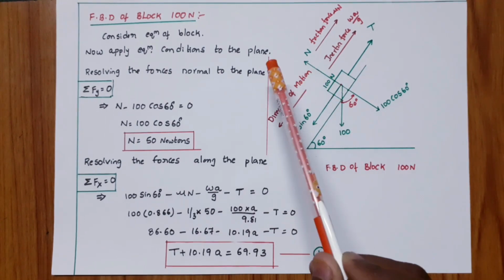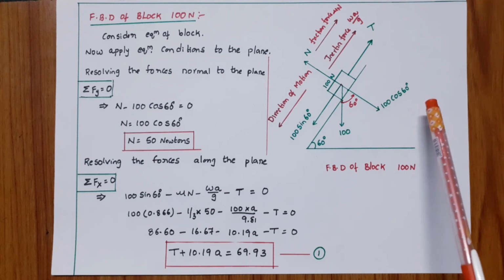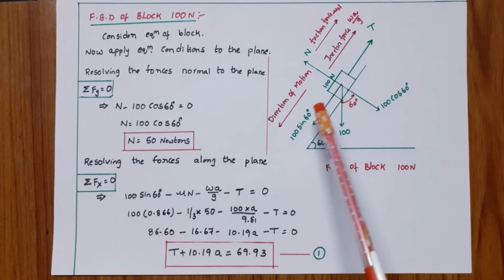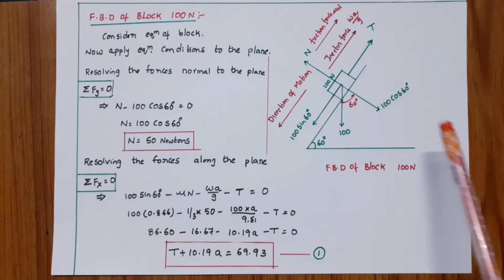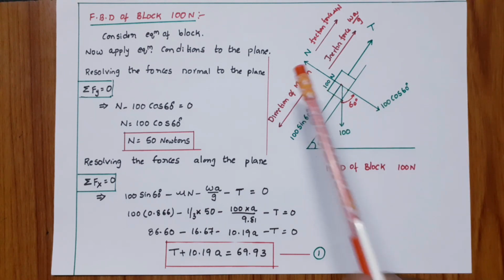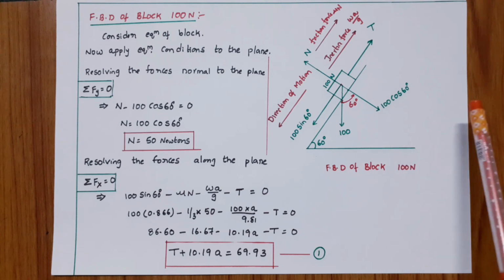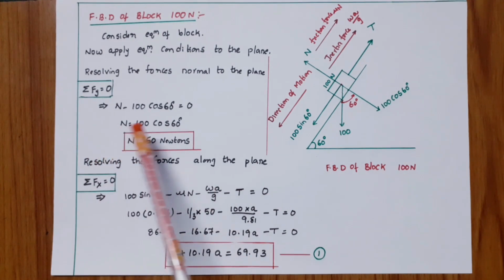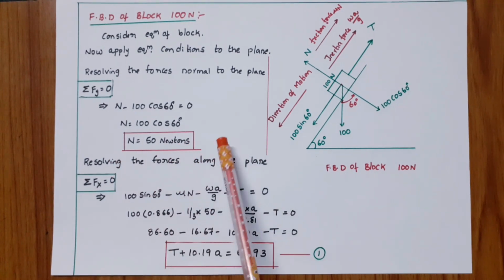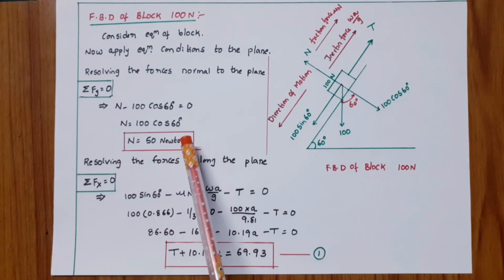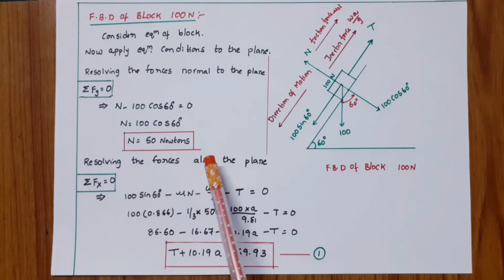N acts upwards and 100 cos 60 acts downwards. The force acting upwards is positive, and the force acting downwards is negative. So N minus 100 cos 60 is equal to 0. N equal to 100 cos 60. Cos 60 is 1 by 2, so N equal to 50 newtons.